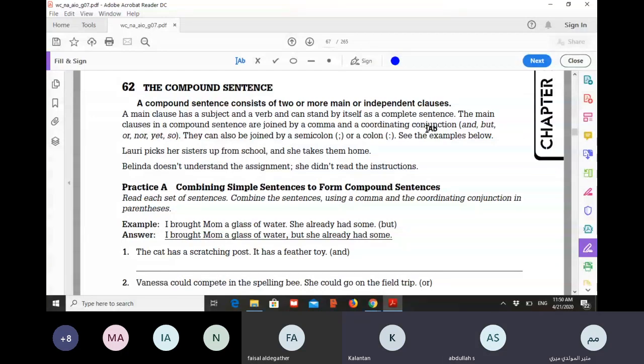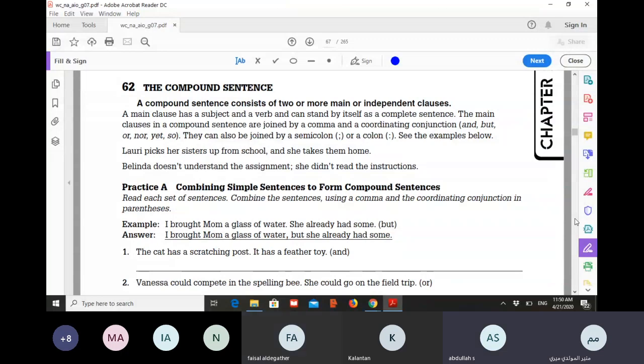The main clauses in a compound sentence are joined by a comma and a coordinating conjunction: and, but, or, nor, yet, so. So it is obligatory that you find a comma before the coordinating conjunction.